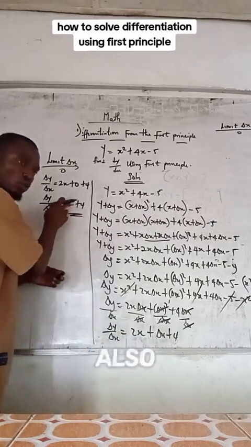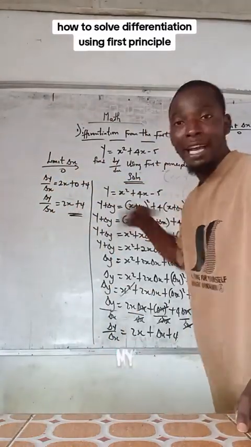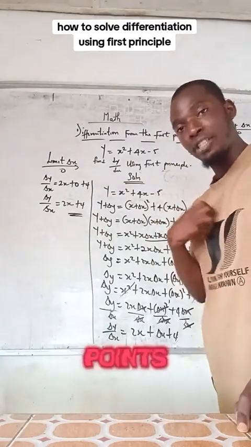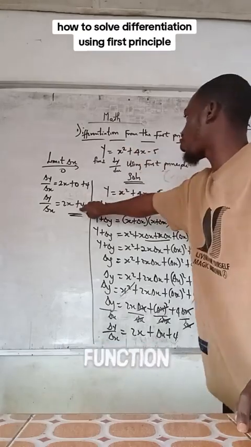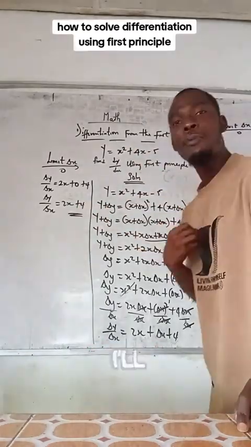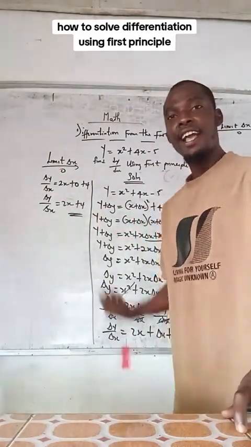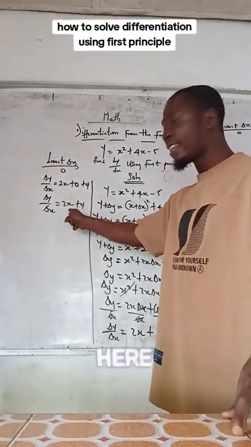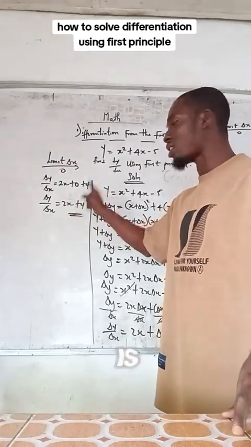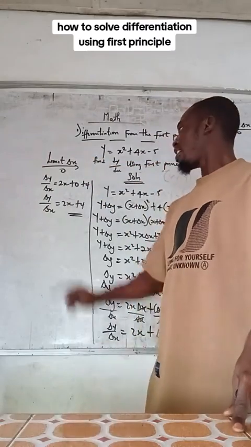This is also a function. It is a function that will lead to my slope depending on the points I am given. So all I need to do is, if I'm given a point where x is 3, 2, or 1, I find the slope. If x is 3, that is 3 times 2, which is 6, and 6 plus 4 is 10. So my slope at x equals 3 is 10.